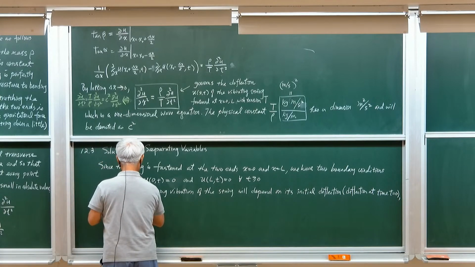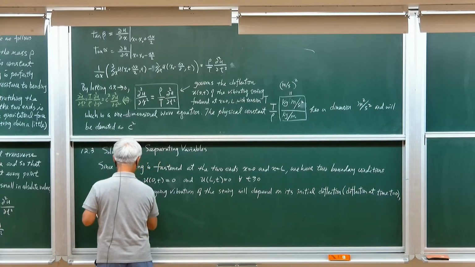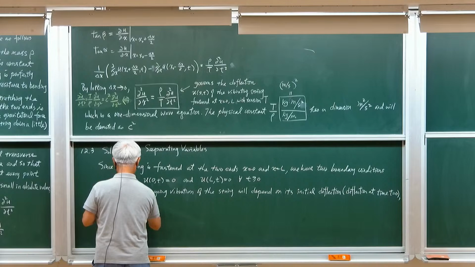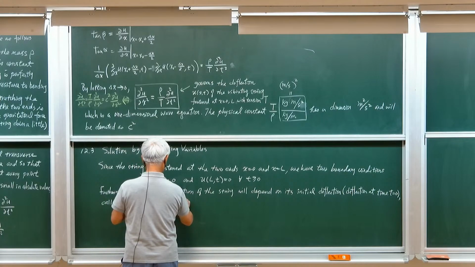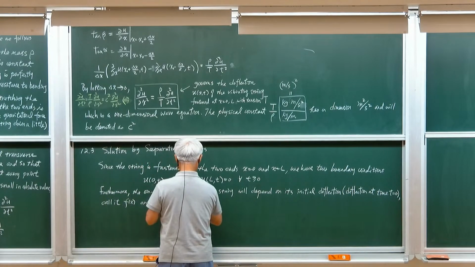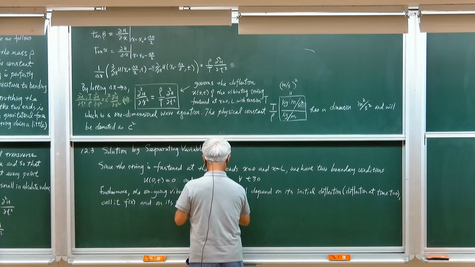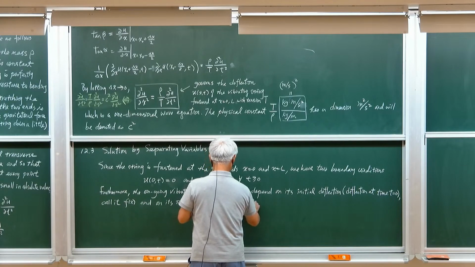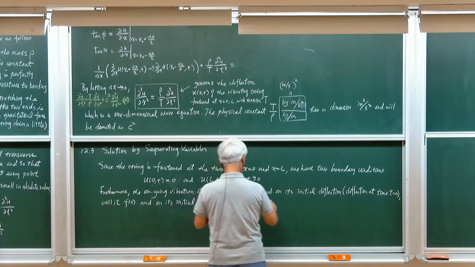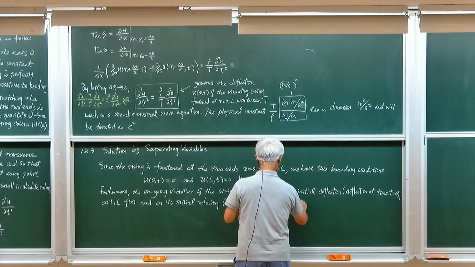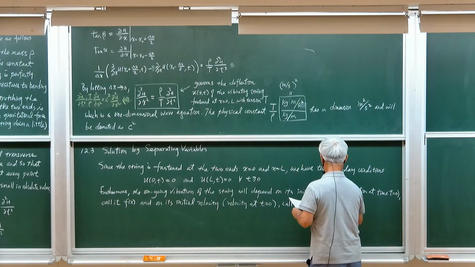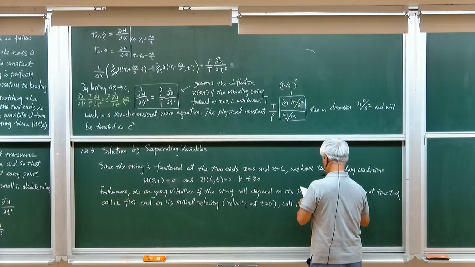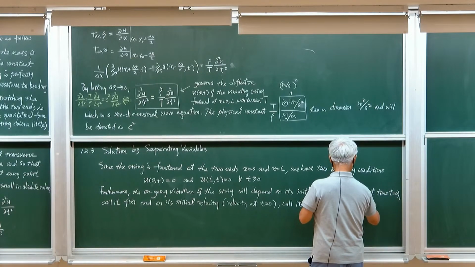And then possibly it also depends on the initial velocity, the velocity at t equals 0, and we call it g of x. Alright? So we have two initial conditions.